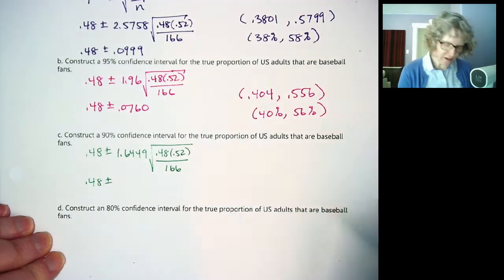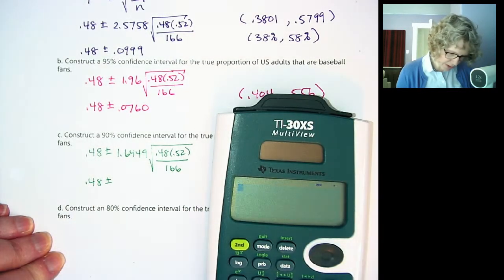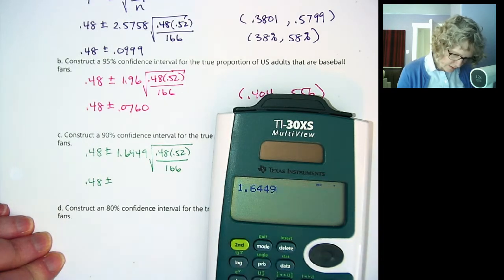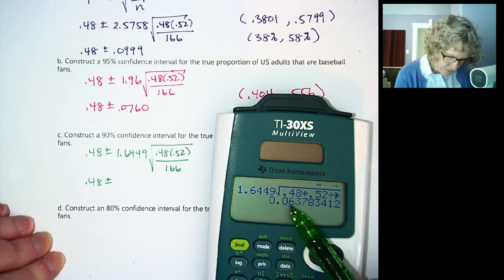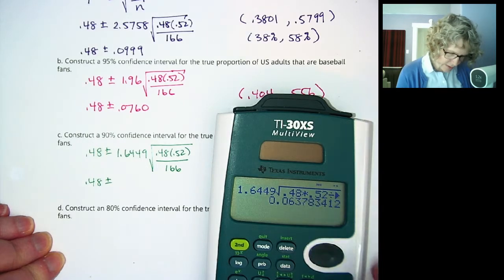I'll do these a little bit faster since we've gone through the process a couple times. 1.6449 times the square root of 0.48 times 0.52 divided by 166. 0.0638.